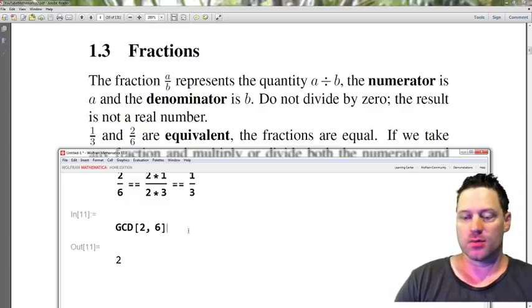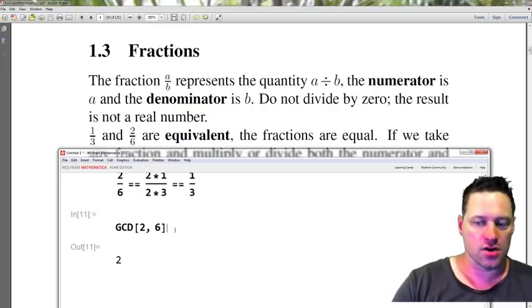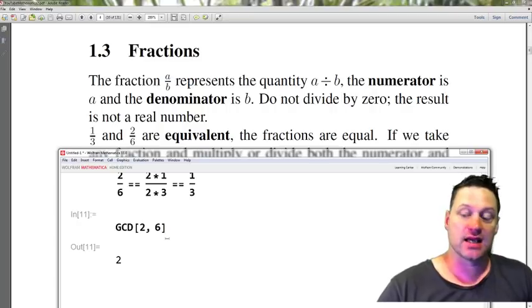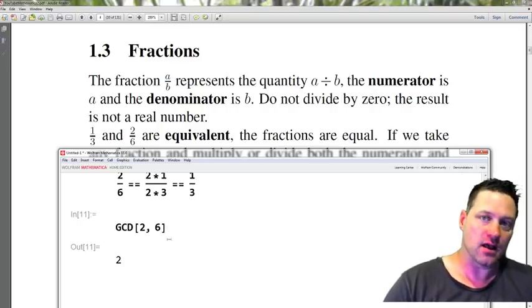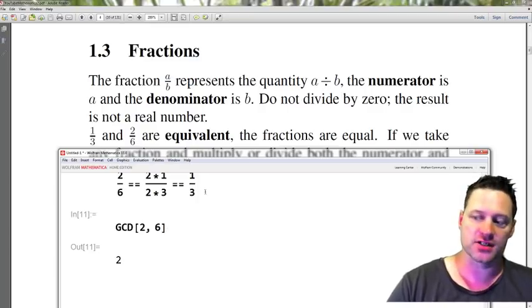So that's the greatest common divisor. Now we just divide the numerator by the GCD and the denominator by the GCD, and we obtain the reduced fraction that is equivalent to the original fraction.